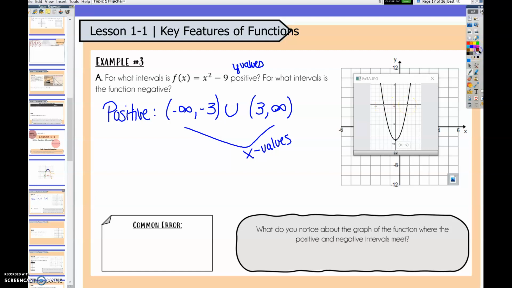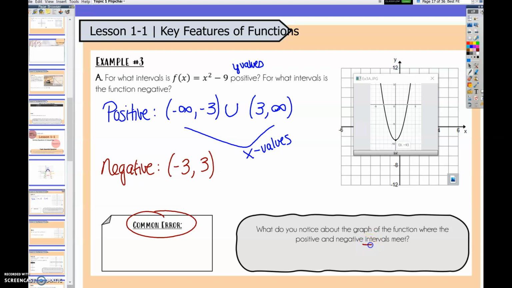Now, when is the function itself negative? That'd be below the x-axis. That's going to be all down here, so in between that negative 3 and positive 3 value. We would say soft bracket negative 3 to the positive 3 value with a soft bracket. This common error down here, especially if we didn't get to talk to you in class, has to do with the fact that some students will indicate that 3 or negative 3 have positive and negative values.